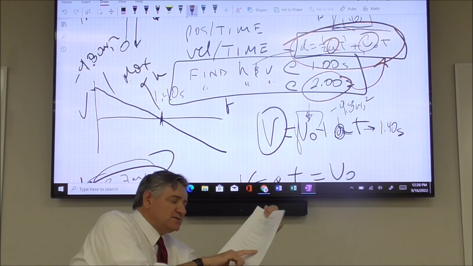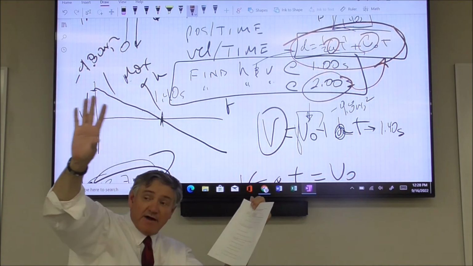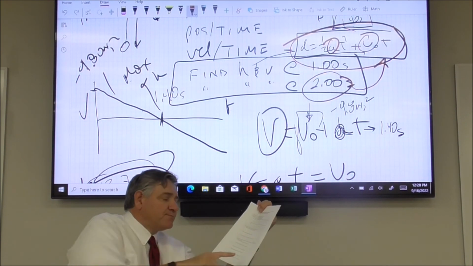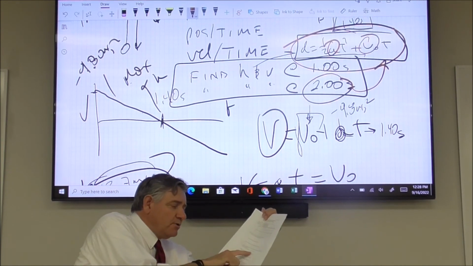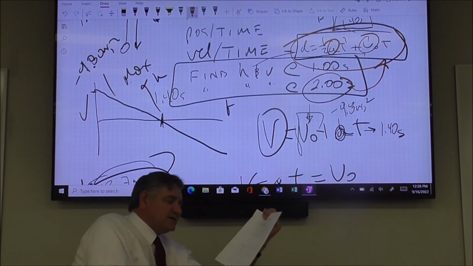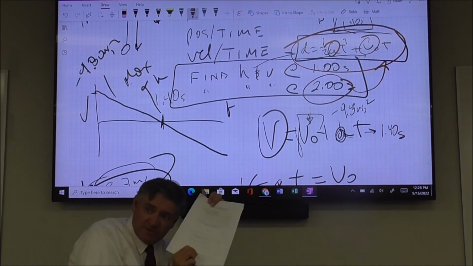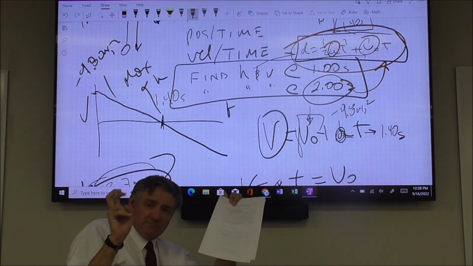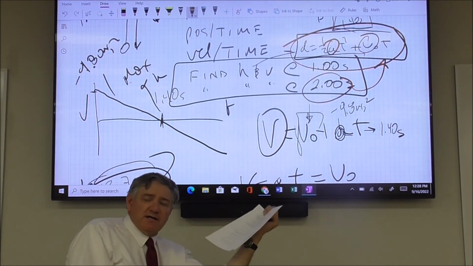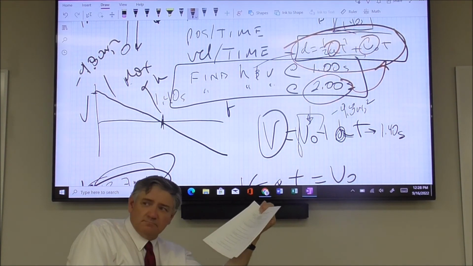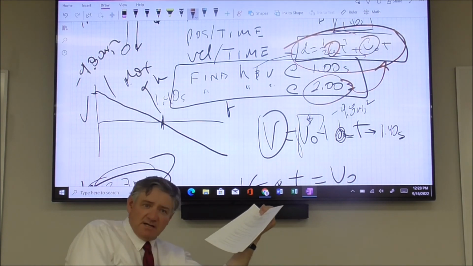Now, you're going to sketch a position time graph. You're going to have a whole bunch of graphs that you're going to have to draw. I'm going to ask you, what will be the slope of the line at 0 seconds? Here's the magic code. When I say, what's the slope of a position time graph, what am I asking for? Velocity. An instantaneous velocity, okay?